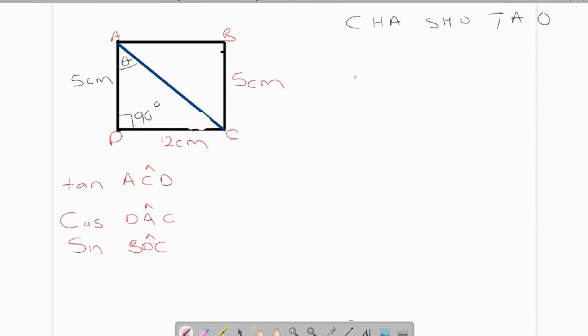So for sine BDC, from our abbreviation, sine is equal to opposite over hypotenuse.